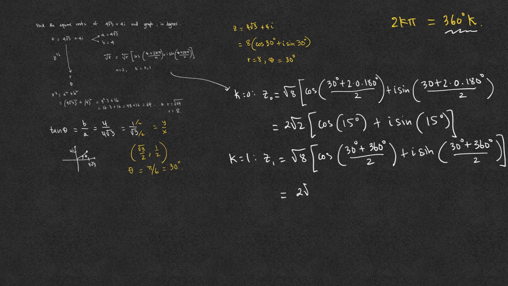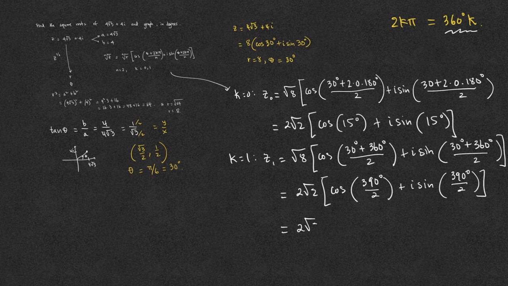This is 2 root 2 times cosine of 390 degrees over 2 plus i sine of 390 degrees over 2.